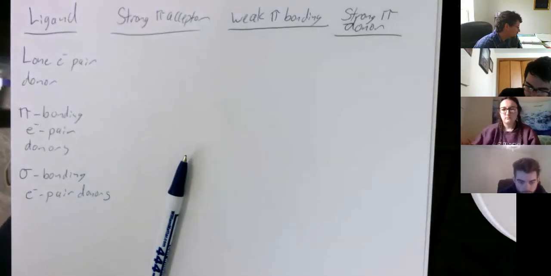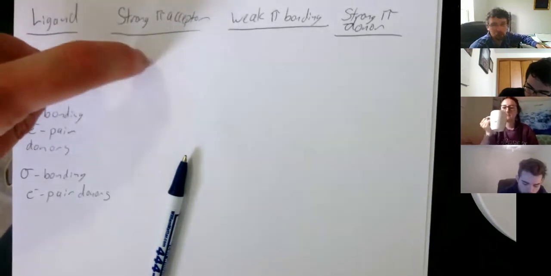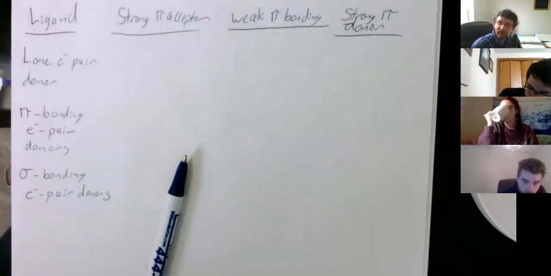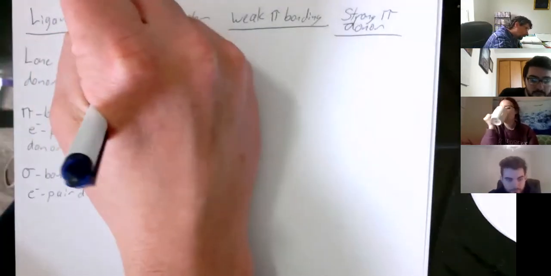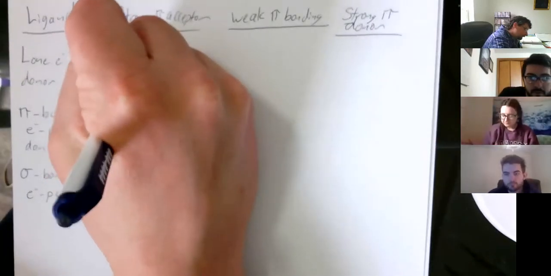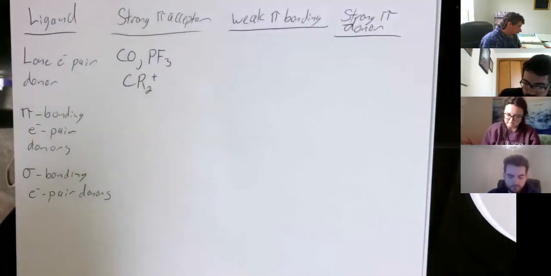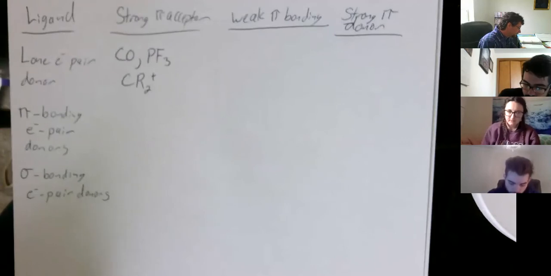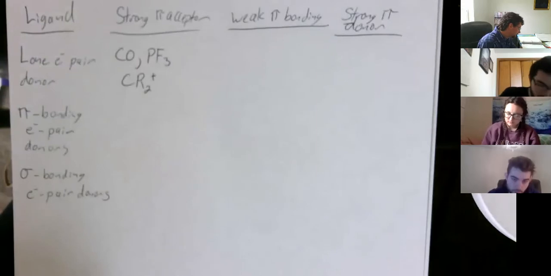Okay. You guys already know one lone pair donor that's a really strong pi acceptor. What ligand is that? Carbon monoxide. Yep. So carbon monoxides. CF3 is an example. Or CR2 plus. Name another ligand. Amine group.